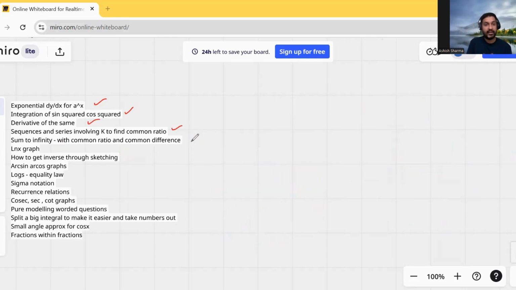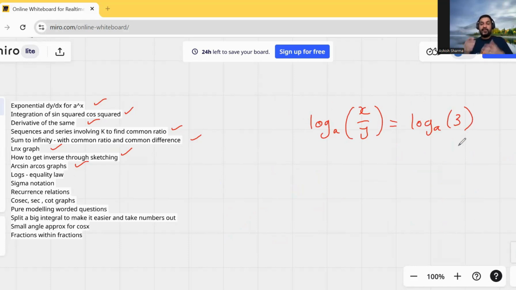So we've gone through a few of these things: how to get the inverse through sketching, arc sine, logs, and the equality law. Now, you should know your laws of logs anyway, but this is something that's not really been explicitly taught as an equality law. Essentially, if I've got something like log base a of x over y equals log base a of, I don't know, 3. If two logs are equal to each other and their bases are equal, then we can deduce that the contents of those logs will be equal to each other.